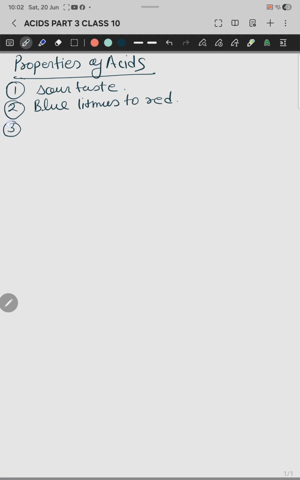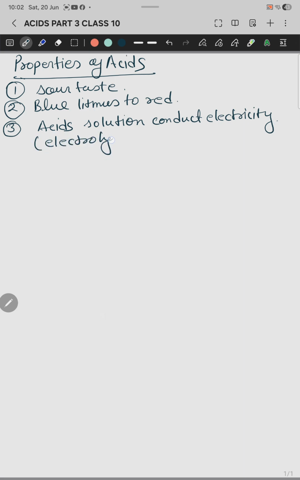Now come to the third point. The third property: acid solution conducts electricity. And I am writing here the technical term, you can write electrolyte. What is the meaning of electrolyte? Electrolytes are those substances which conduct electricity.